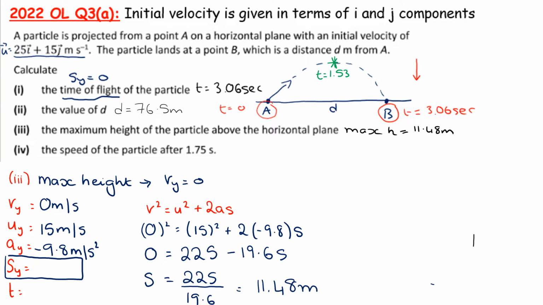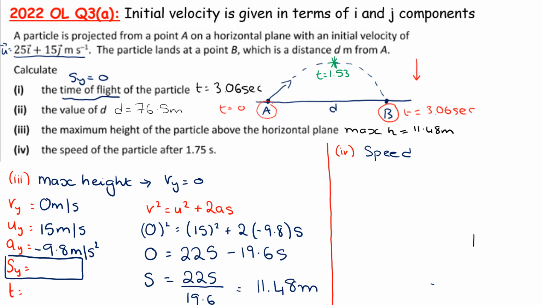So our final question here, IV, is asking us for the speed. Now, it's important to remember that speed is a scalar number, which basically means we are dealing with simply magnitude, whereas a vector has both magnitude and direction.